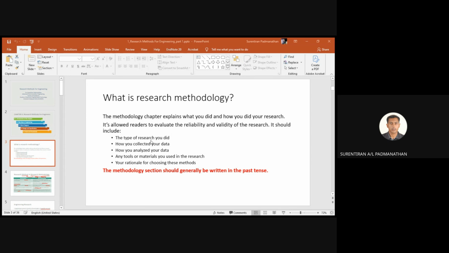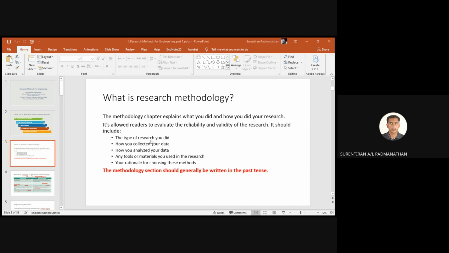Do you guys understand? You can see the flow of your project. Any research project should start from literature. Then you have to find the research gap. Then you get the problem statements: what kinds of problems exist that you want to solve.